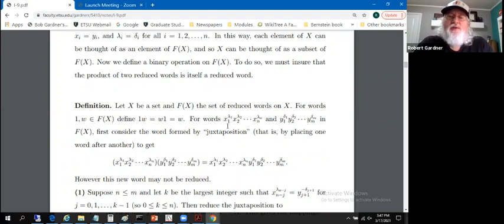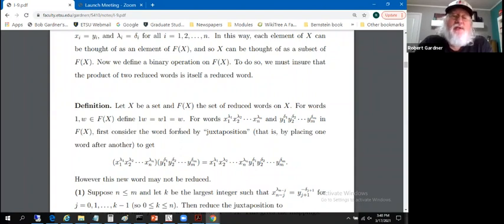For words, subscripted x's with superscripts of lambdas and subscripted y's with superscripts of deltas, n letters with the x's, m letters with the y's in general. So here's two words, reduced words, sorry, in F of X; being in F of X implies they're reduced.